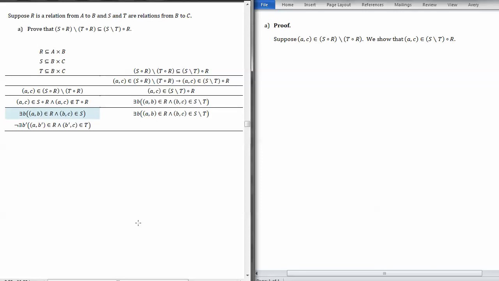Well, we can certainly do existential instantiation on that one to get a B naught, and then we can move the negation symbol past the existential quantifier to make it a universal quantifier for all B prime, and then we have to negate what's inside, and for that we can use De Morgan's law to change the and into an or, and so we just take the negation of each of the individual statements inside.